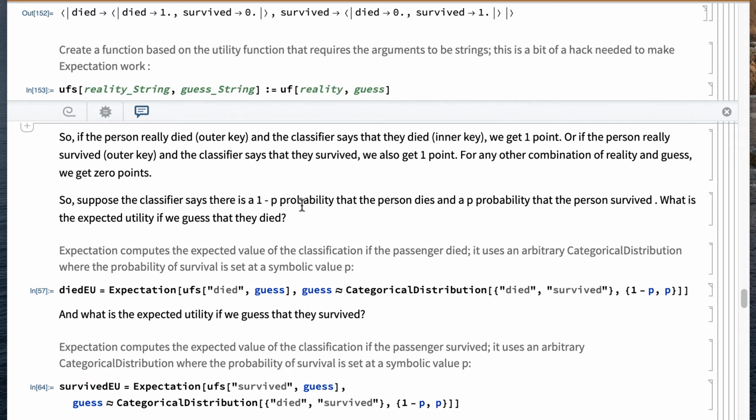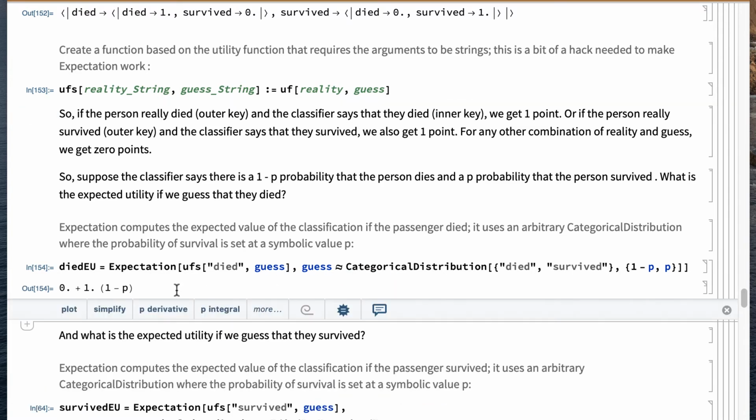So supposing I guess that they died, what's my expected utility if I make that guess? And so the way we're going to compute that is we realize we have a categorical distribution here over died and survived with probabilities 1 minus p and p. And we're now going to find what's our expected utility for that guess. And I'll take the expectation. So that's our died expected utility.